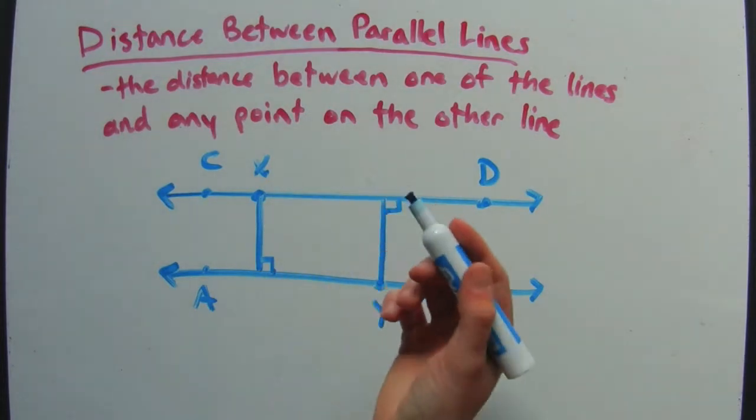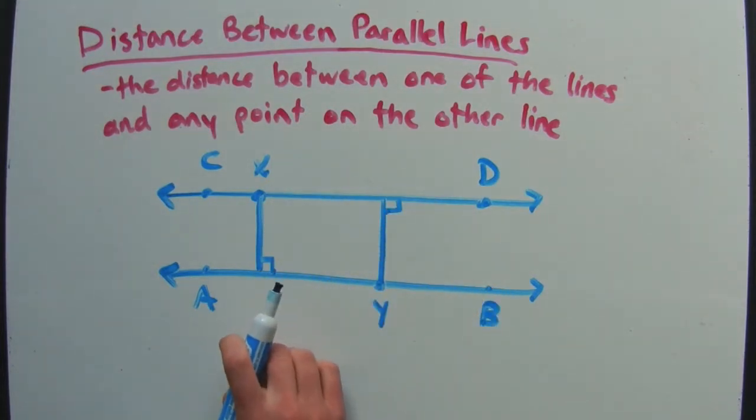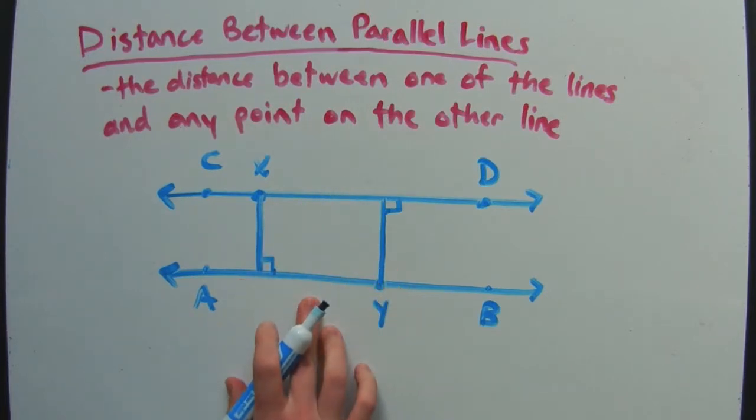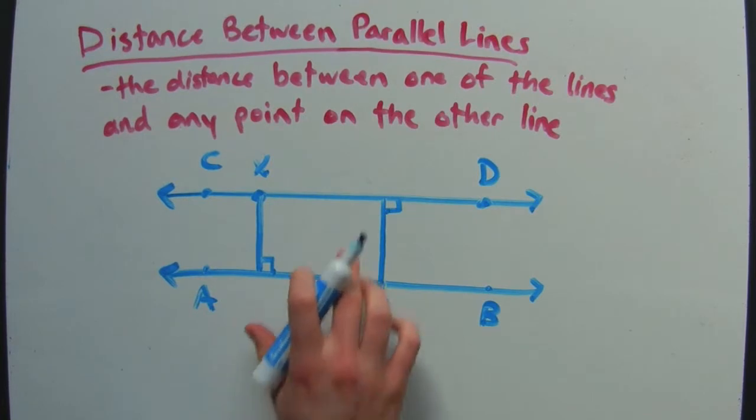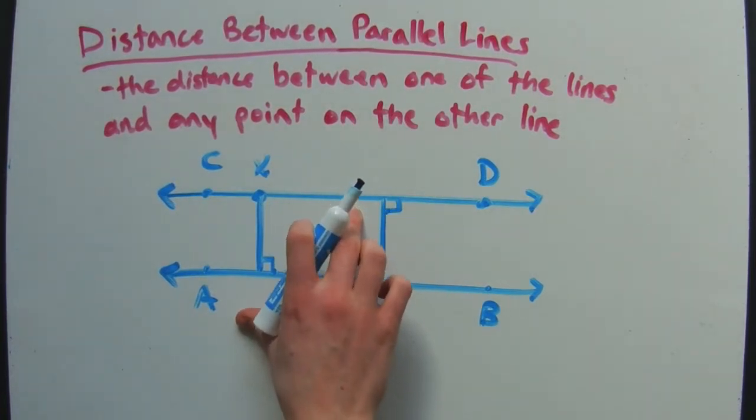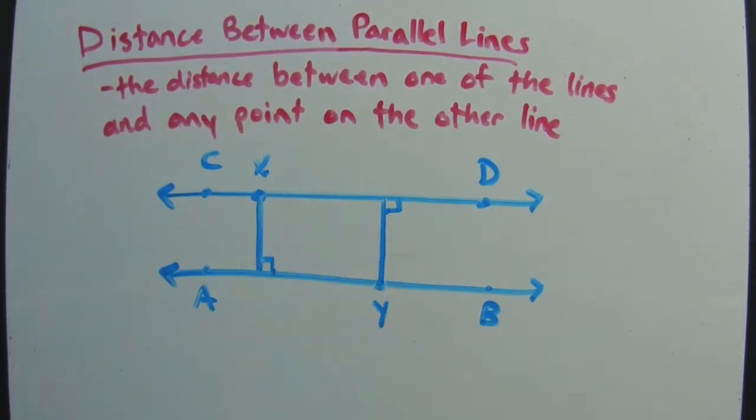So the distance between parallel lines is the distance between one of the lines and any point on the other line. So you could place your point on either line and measure using the line that the point is not placed on. Remember, parallel lines will never intersect. That means the distance between the two lines is always the same.